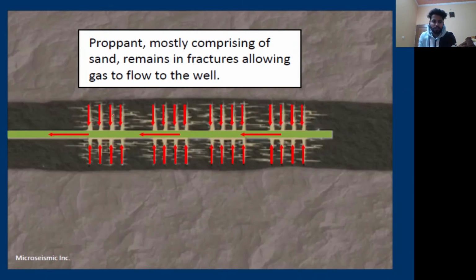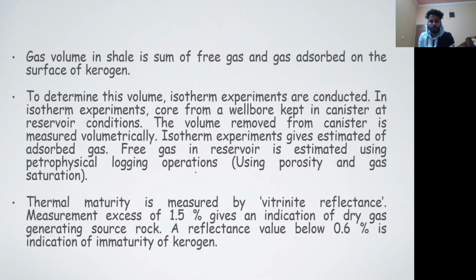Propellant, which is mostly sand, will remain in the fractures and keep my fractures opened up, so that the flow continues without any interruption. So that's how I'm taking production. Okay.